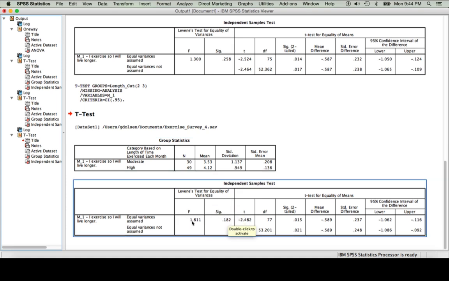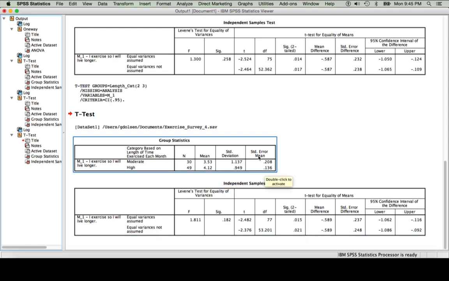We look at Levene's first. We see that the variances do not differ because that significance is not different. So we're going to use the upper row, and we'd say a t with 77 degrees of freedom is equal to 2.48, and the p is equal to 0.015.